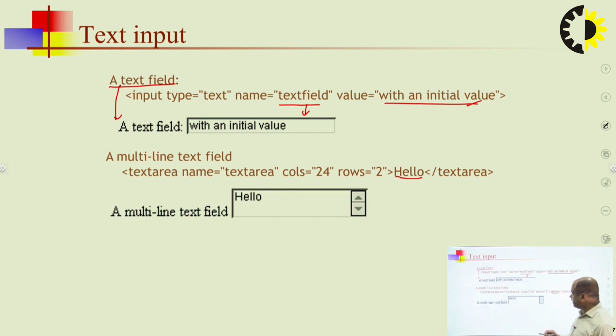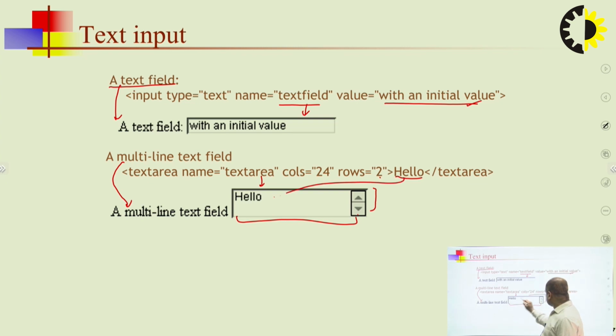So you will see a textarea represented at runtime. Here the label, a textarea will appear with the name textarea. The number of columns is 24 and the number of rows is 2.